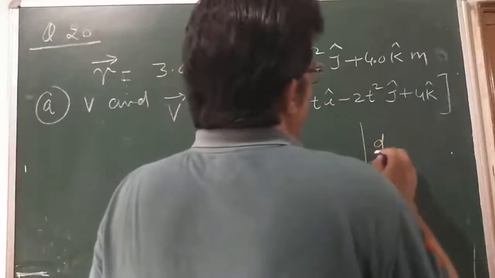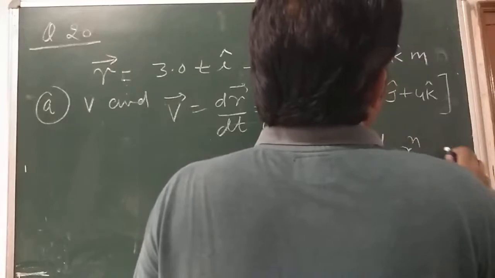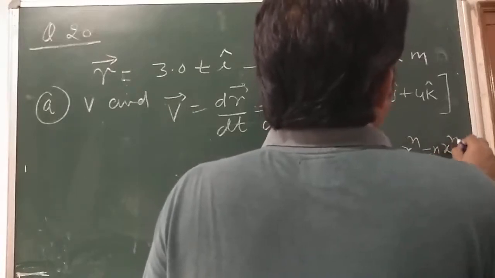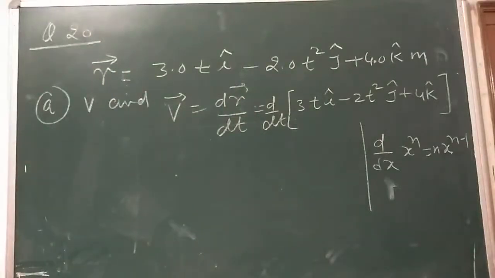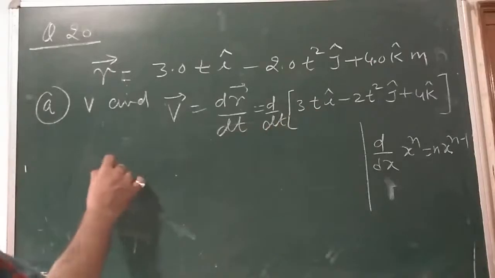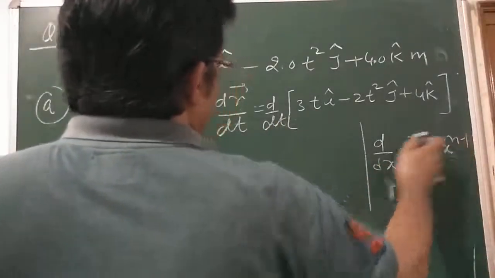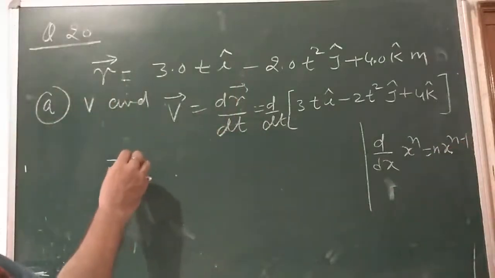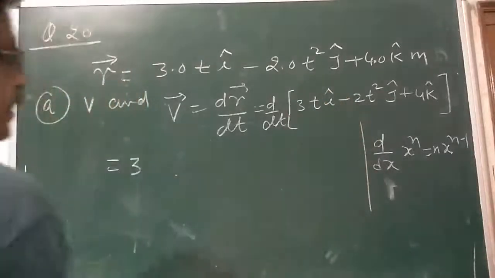What is our formula of differentiation? d by dx of x to the power n is equal to n x to the power n minus 1. Here t to the power 1, so 1 t to the power 1 minus 1, t to the power 0. I am solving like this: 3 t to the power 1.